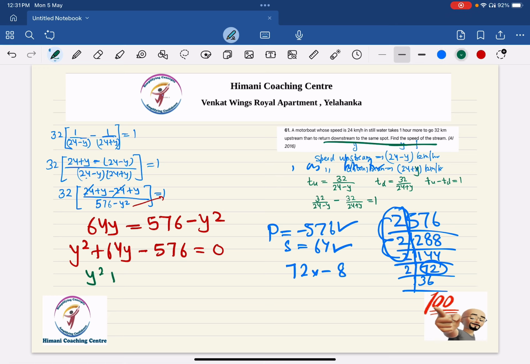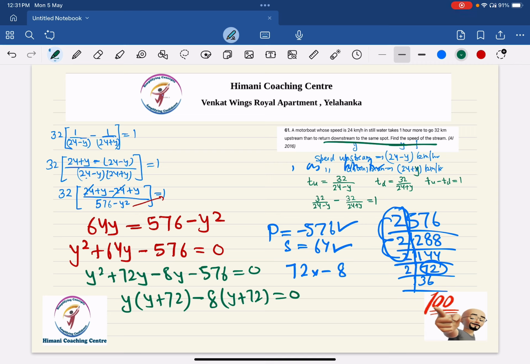So y square plus 72y minus 8y minus 576, which is equal to 0. Take y common. So y plus 72 minus 8, again y plus 72, which is equal to 0. It will give us y plus 72 times y minus 8 equals 0.